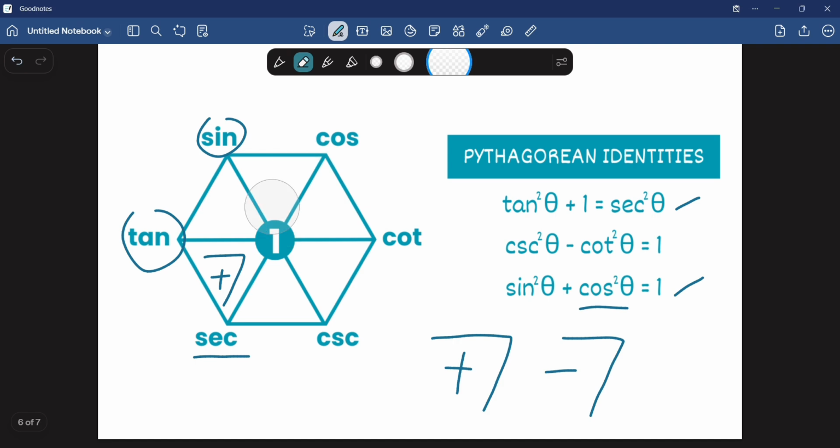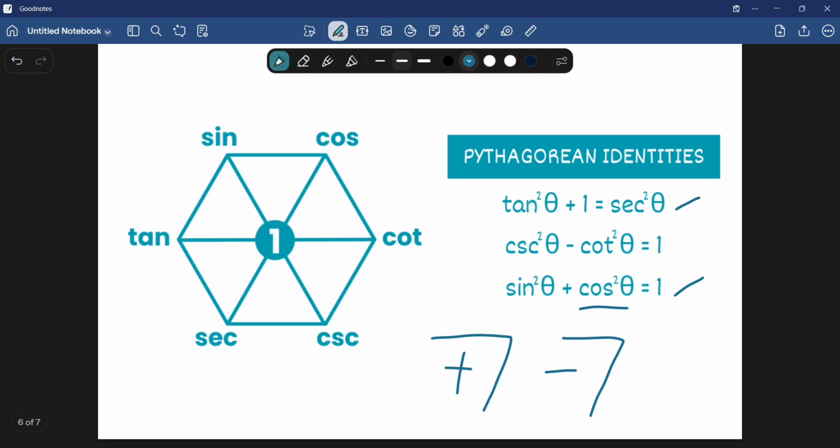And an example for subtraction is cosecant squared theta minus cotangent squared theta is equal to 1. So when using the magic hexagon for Pythagorean identities, these two patterns are the only ones you need to remember.